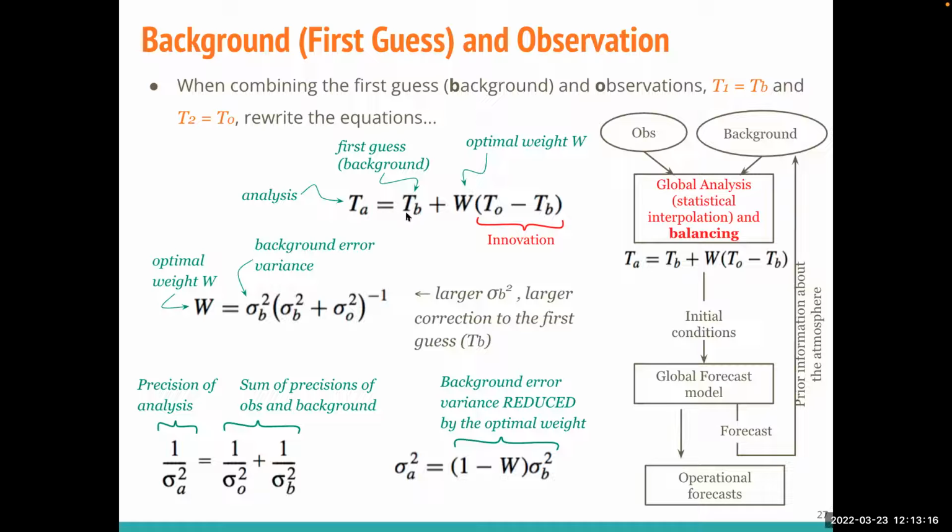We make use of the background forecast and the observation here, and this is what we call the optimal weight, something you decide with the variances here. So this is how we combine the observation and background forecast as the initial condition.